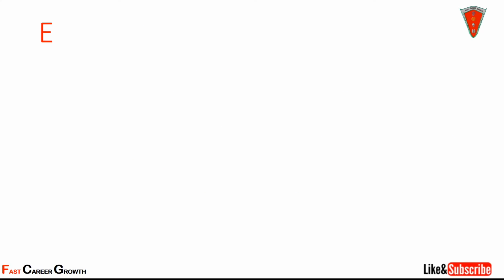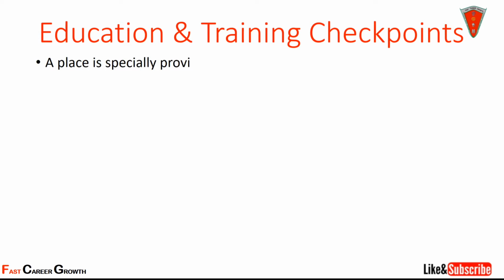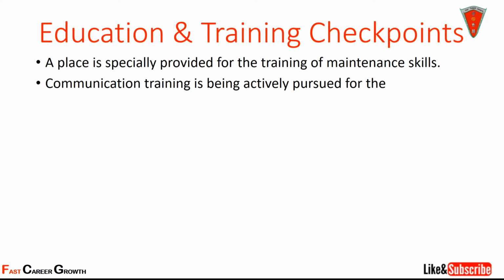Other checkpoints: a place is specially provided for the training of maintenance skill. That means a training room should be provided for education and training implementation. Communication training is being actively pursued for overall upgrading of work skill of every employee.